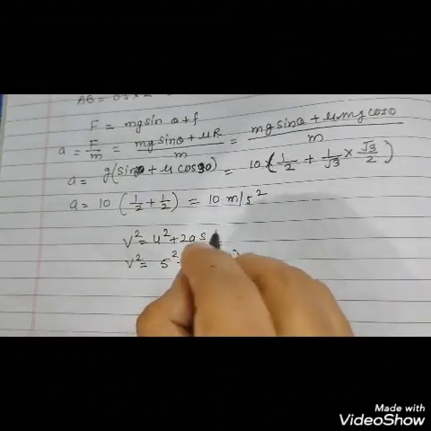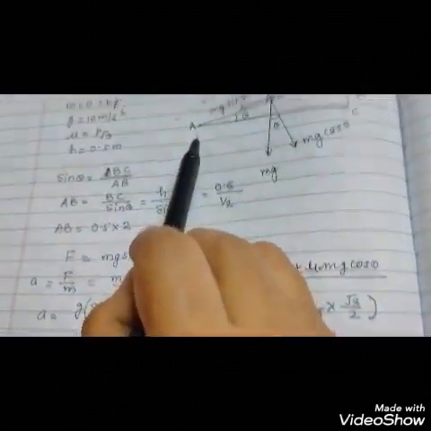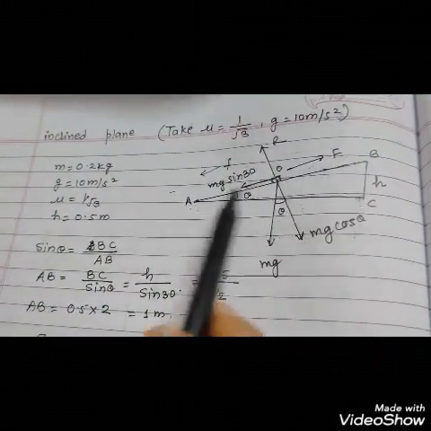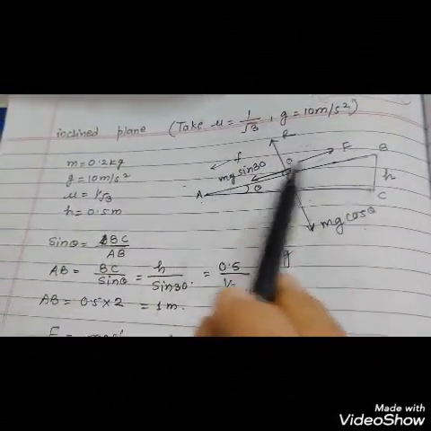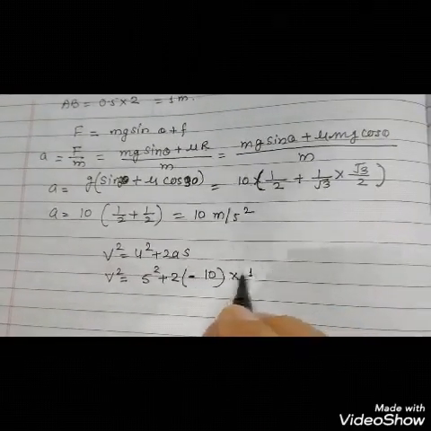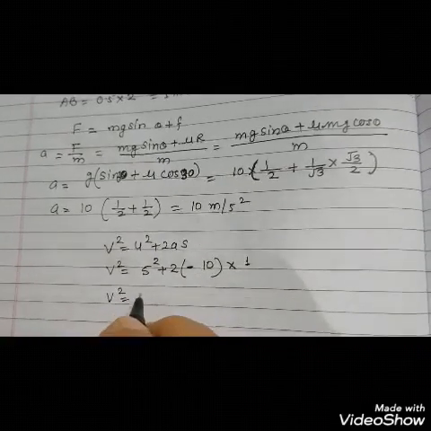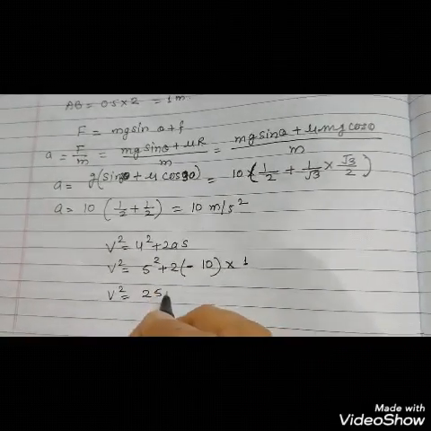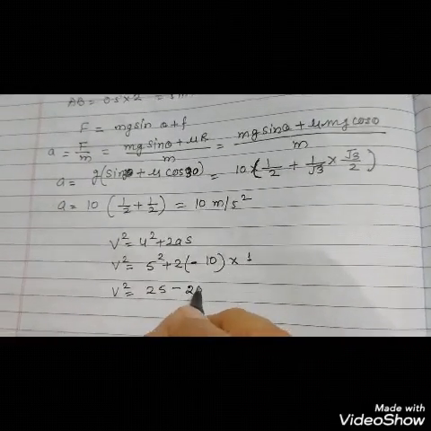The distance s is the length AB, which we have already calculated as 1. So v square is equal to 25 minus 20.